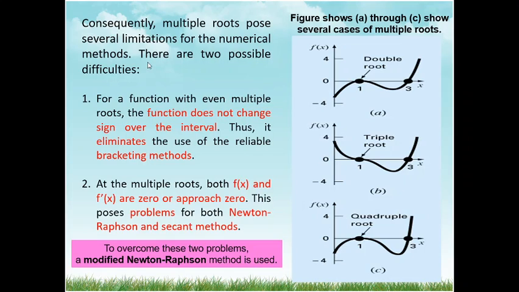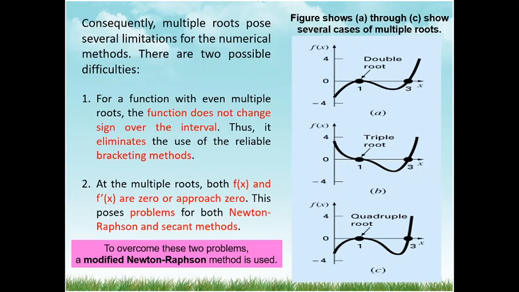So there is a limitation for the bracketing methods that we have learned in the past 2 weeks. Bracketing methods are only applicable or useful when the given function has a single root. In the event where a function is a polynomial equation of higher order, third order, fourth order, and so on, they usually have more than one root.